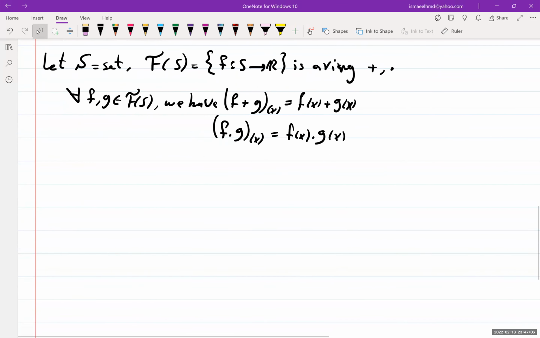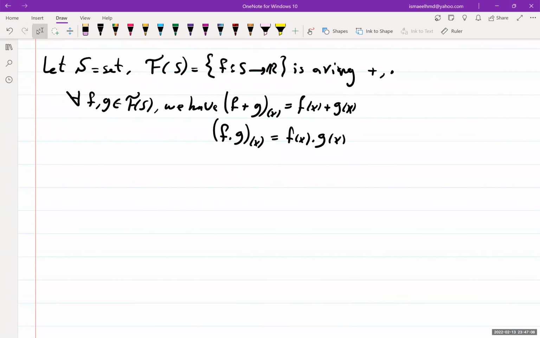Another example: if S is a non-empty set, the power set P of S equipped with the two binary operations, symmetric difference and intersection, is also another example of a ring.